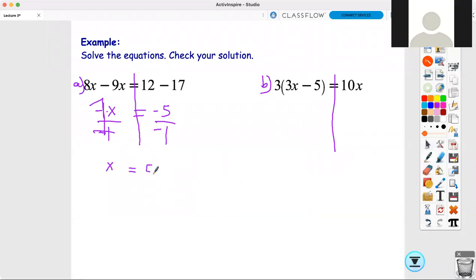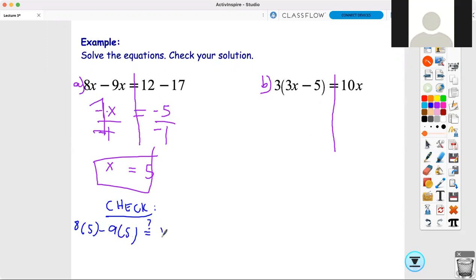Two negatives make a positive. And now we check our solution. -40 minus 45 is -5, equals -5, which is true.